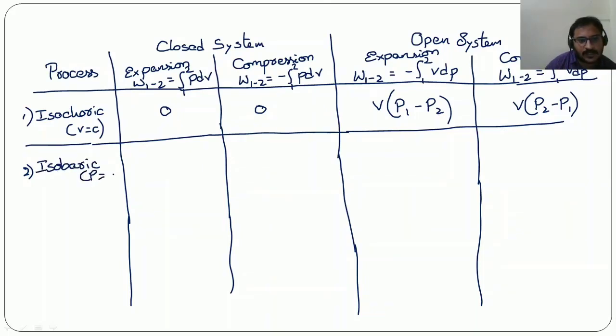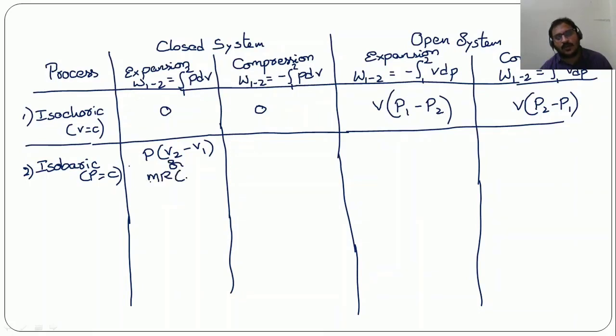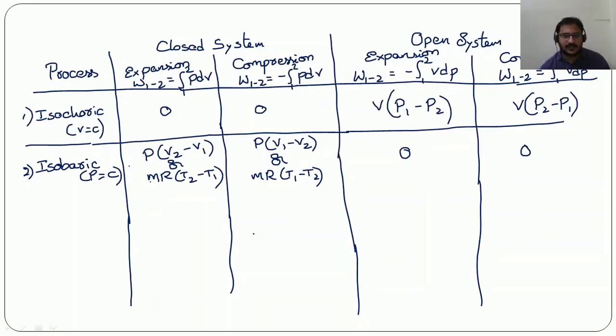Pressure is constant, so this is P into (V2 minus V1) or mR(T2 minus T1). This will be P into (V1 minus V2) or mR(T1 minus T2). Then here it is 0 when you take isobaric process.